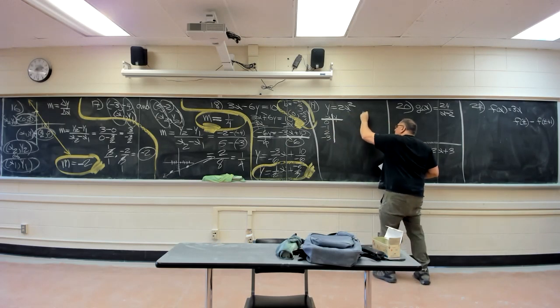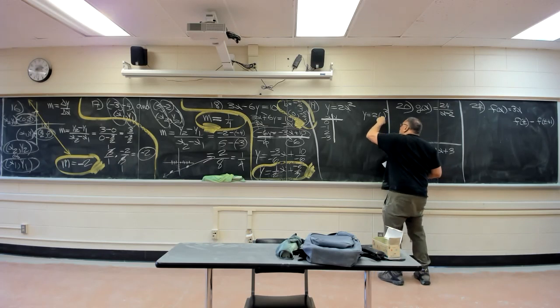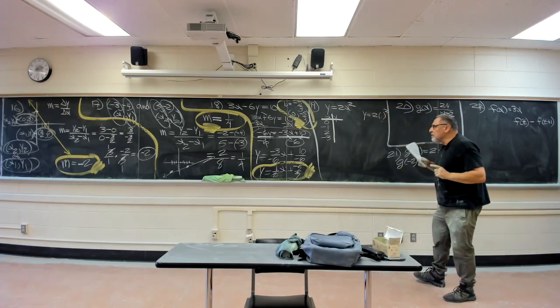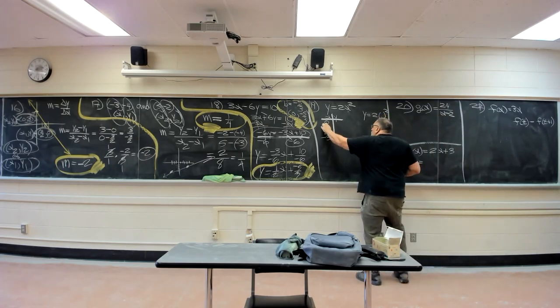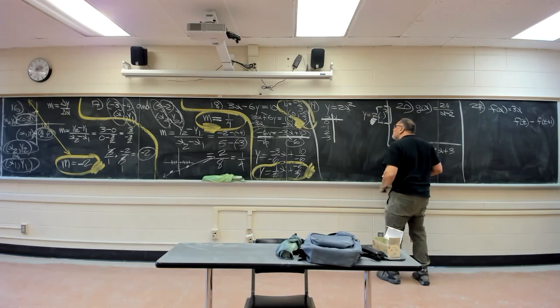It's always like this, guys. It's 2 times the quantity squared. So a negative number squared is always going to be a positive answer. So watch out. The only thing getting squared is this right here. But when it's getting squared, when there's a negative number in there, it's going to be a positive answer. Then you multiply by 2 at the end.